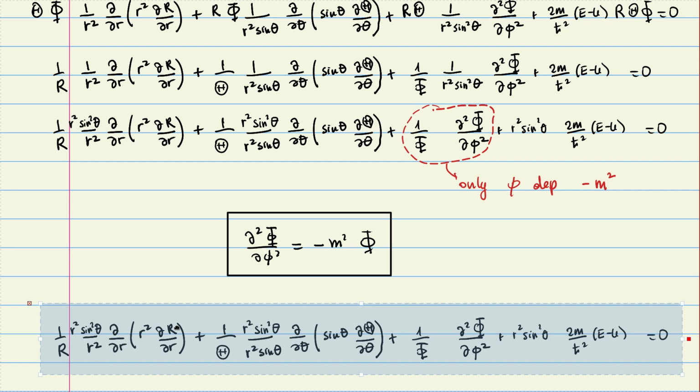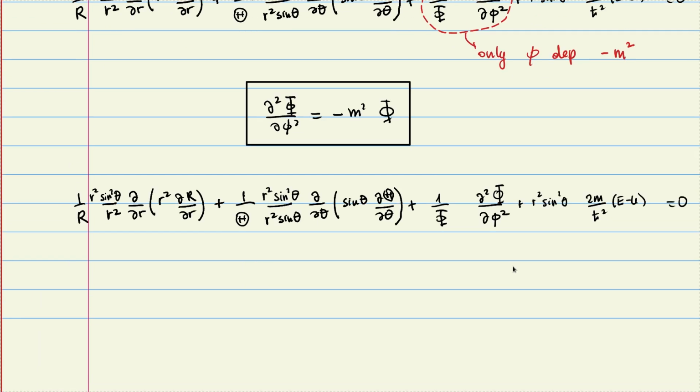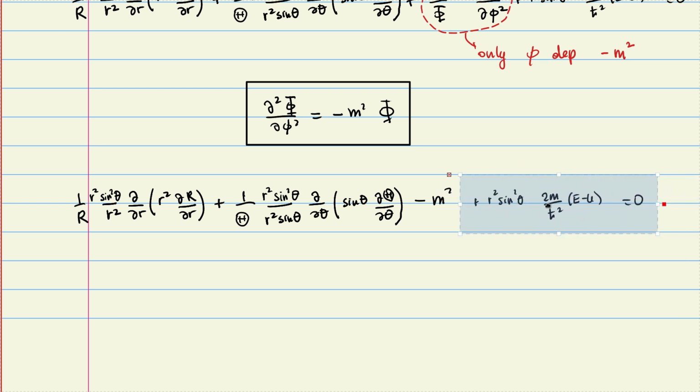Take down. So this one happened to be minus m squared. Now I want to separate r and theta from each other. For this, I am going to divide by sine squared again. If I divide by sine squared, this one is going to go, this one is going to go.